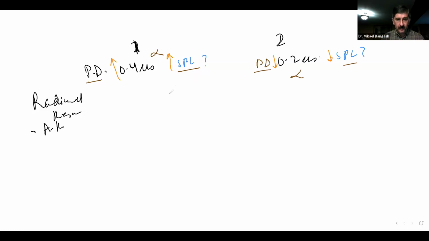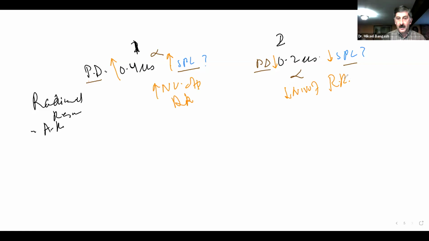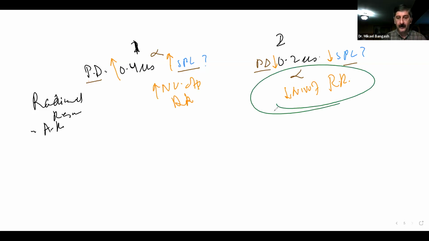The greater one leads to a greater numerical value of radial or range resolution, and the other has a lower numerical value. But what they ask is which is the best, and the best is the one with the lower numerical value. So it's going to be this one here.